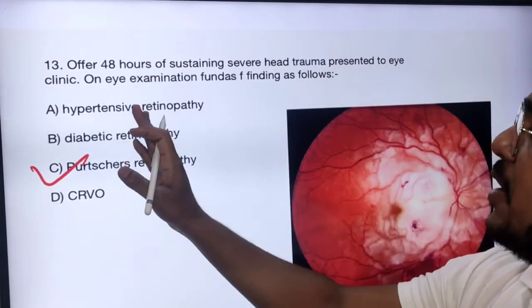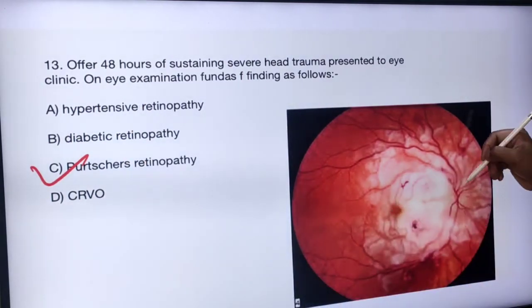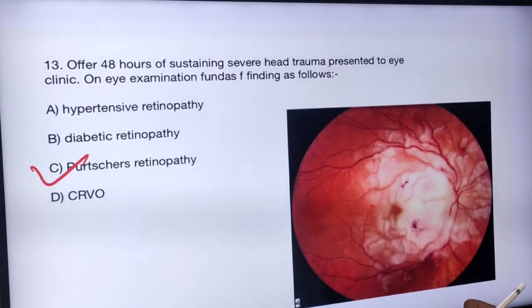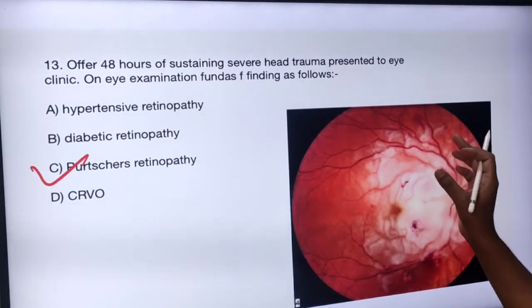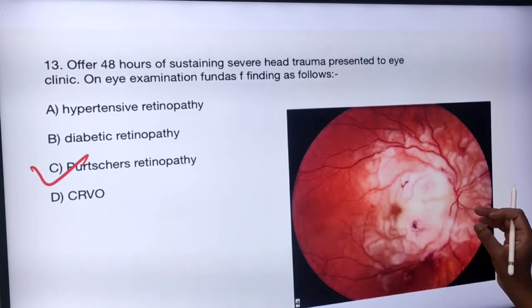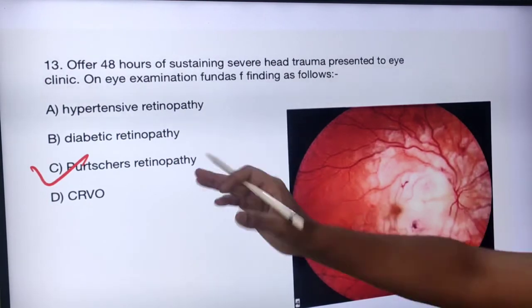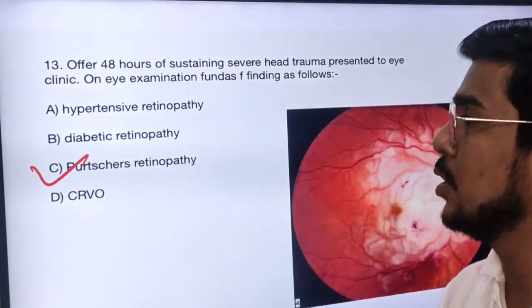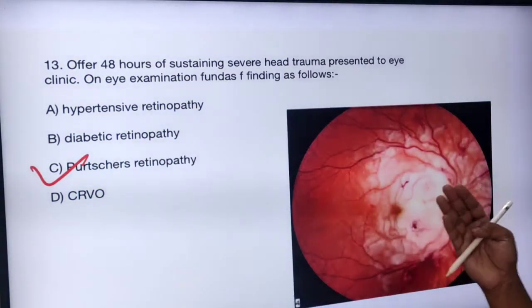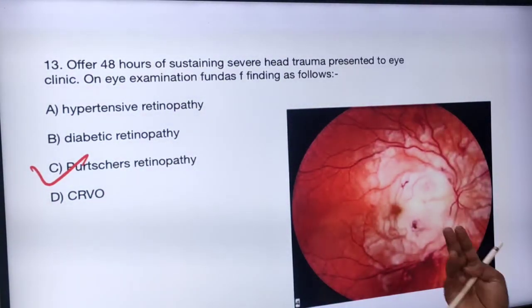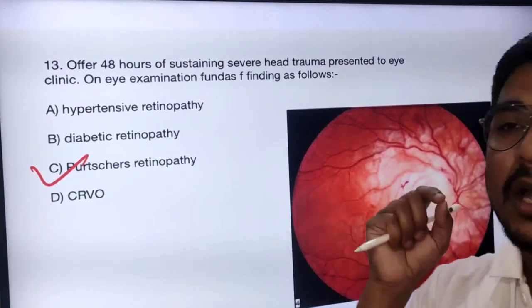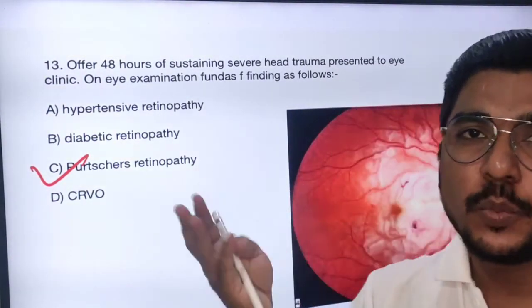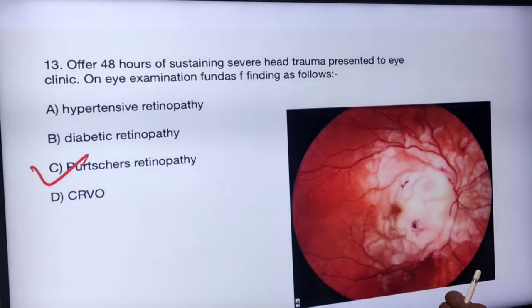Why not hypertensive retinopathy? Obviously there is no arterial attenuation here. You can see there is nothing like AV crossings, and no features like hypertension have been given in the history also. In diabetic retinopathy, you should see hard and soft exudates, microaneurysms and dot and blot hemorrhages; superficial hemorrhages are not present here.